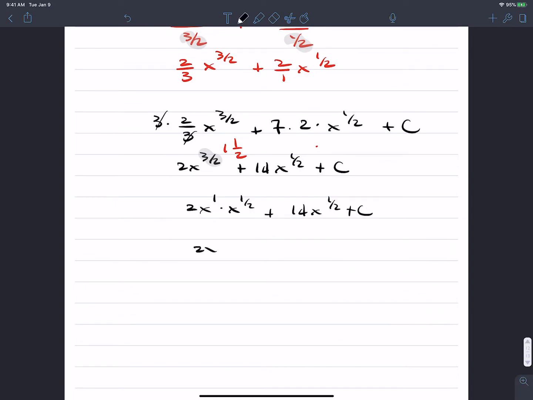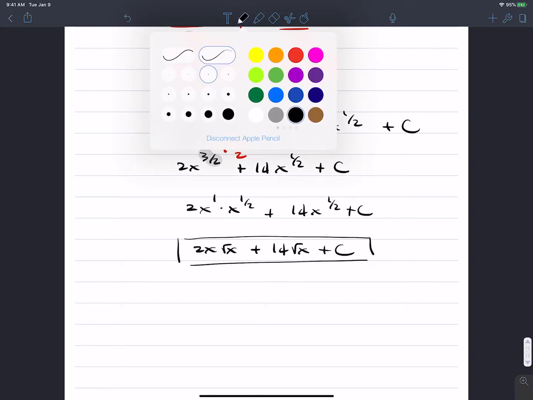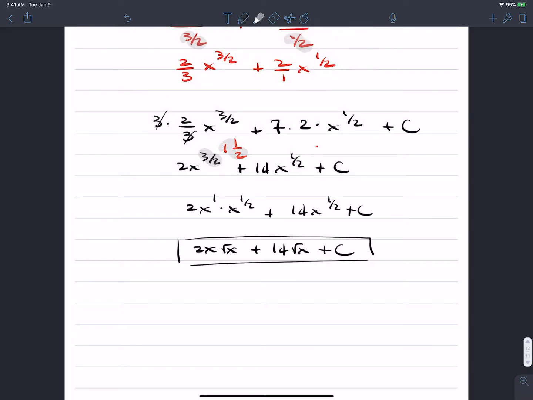So this ends up with 2x square root of x plus 14 square root of x plus your constant. So we've seen this before, where if you go back and focus on this 1 and 1/2, remember that's the same as 1 plus 1/2. This is why you have a 1 and a 1/2 here.